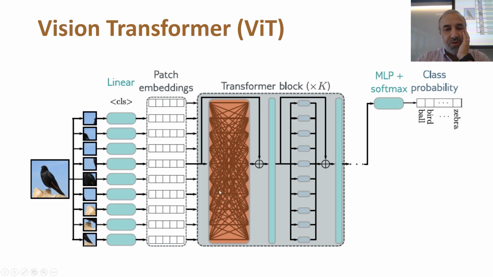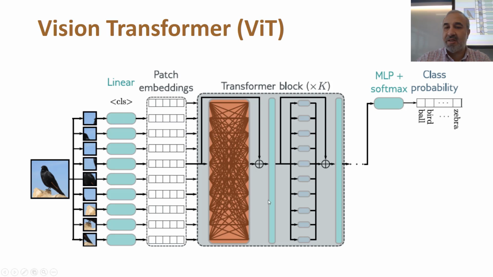Here is an overview of the model, and I think you can see it is very similar to the encoder models, except that now we have an image, and the image is divided into patches, and each patch is represented by an embedding vector, and before that we use the linear layer to convert it into an embedding vector.